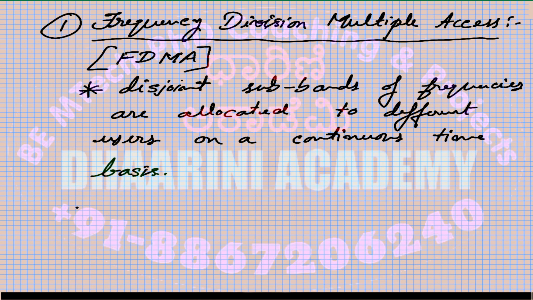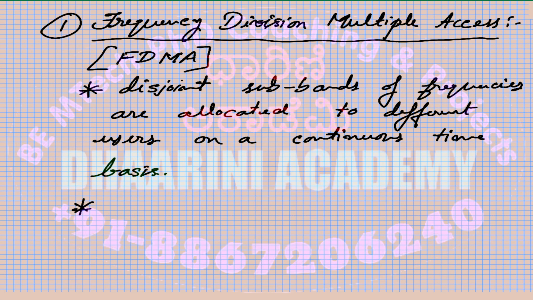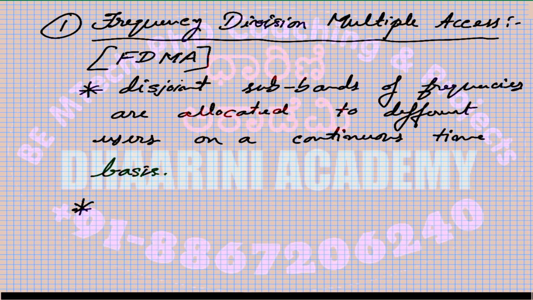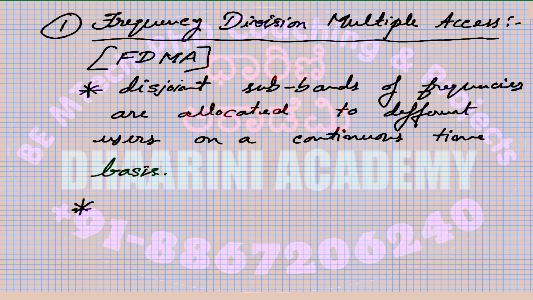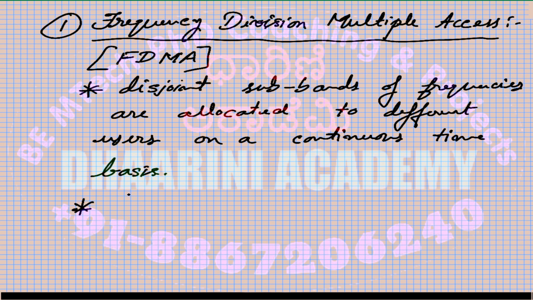All right. So when we say we achieved such a communication, the second question comes: what type of interference are you going to get and how are you going to avoid it? So to answer that question, we'll write this point.